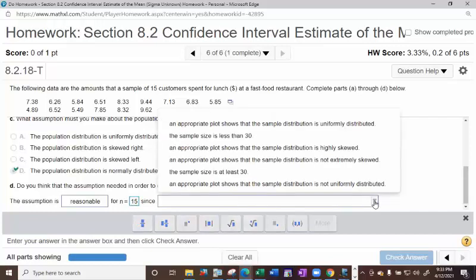Since... no, well, ooh. I wouldn't think the sample size less than 30 would be the reason. I thought it would have the normally distributed thing here again. Let me read this again.